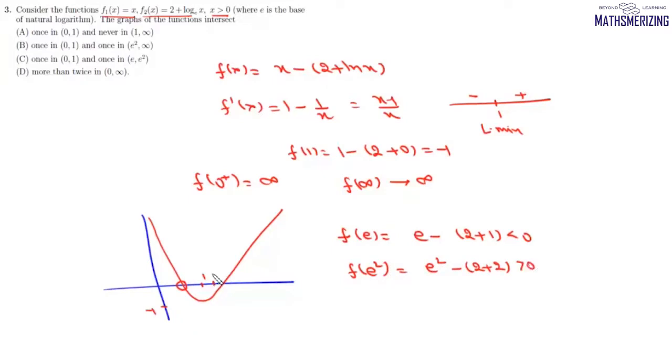So e will lie here and e square will lie here. So this other root will lie between e and e square. So these two graphs will intersect once in 0, 1 and once in e, e square, and that's your option C.